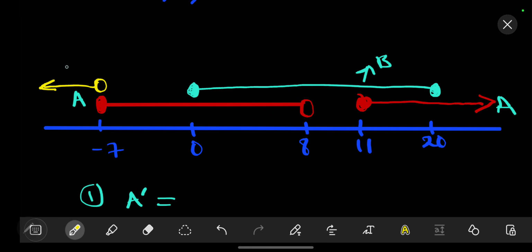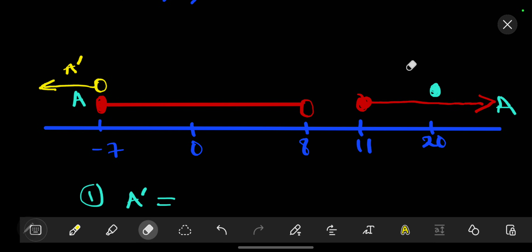So this is our A complement. The other part of our A complement is in between this point. So let's just rub our B. We are going to regain it. So the other part of A complement is from this point to this point. At this point, A is not included.